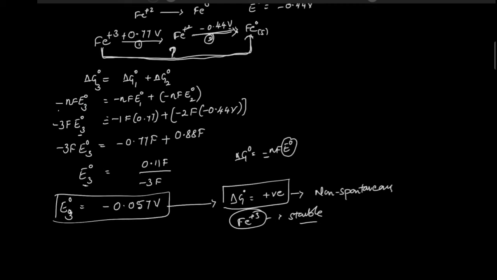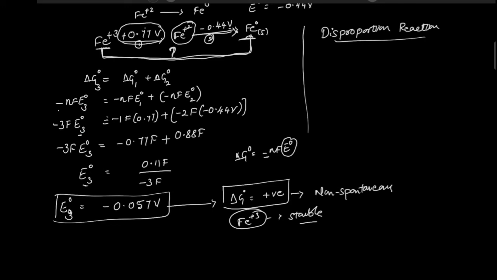And one more thing you need to observe: Fe plus 2 is oxidized to Fe plus 3 ion, and Fe plus 2 ion is also reduced to Fe0. That means it is an example of a disproportionation reaction. Here in this case, you can observe whether the oxidation process is spontaneous or the reduction process is non-spontaneous. Here for this step, Fe plus 2 to Fe plus 3, we have a positive E naught value.